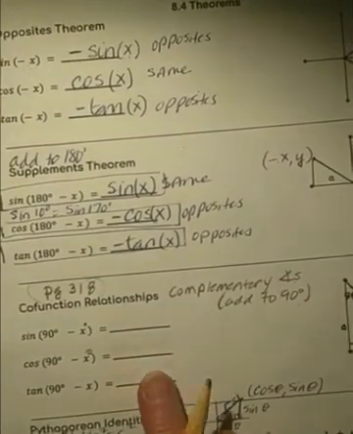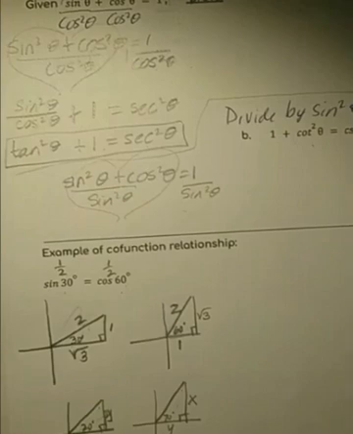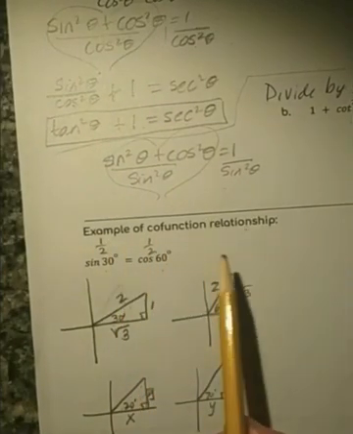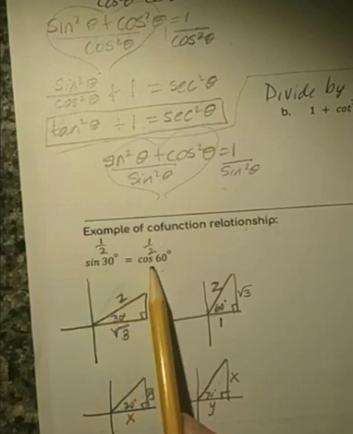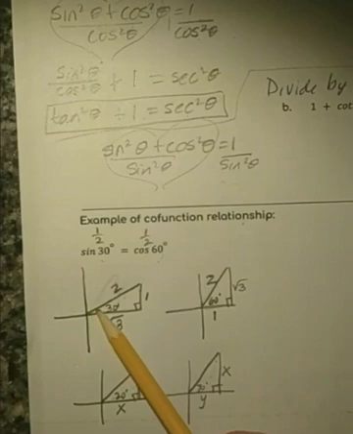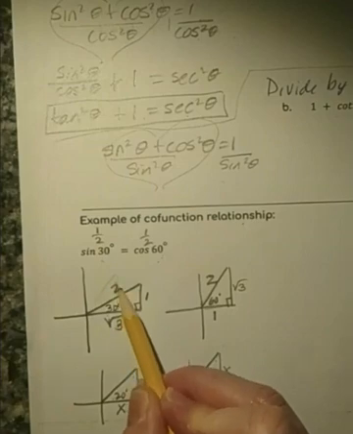On the back of this, I'm going to do that first. On the back of the sheet, which mine is not double-sided, so this is what it looks like on the back. I kind of drew some examples of cofunction relationships. We're going to compare the sine of 30 degrees to the cosine of 60 degrees. I drew a 30-degree reference angle in quadrant 1 and labeled the y, x, and r.